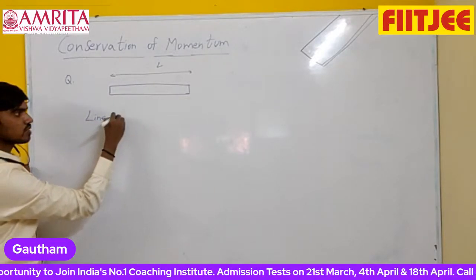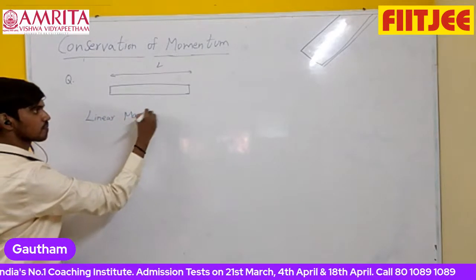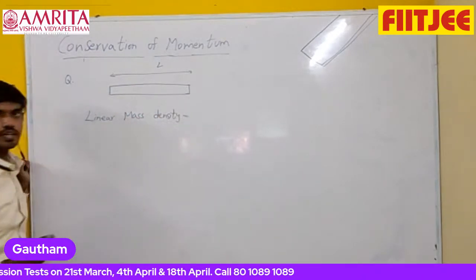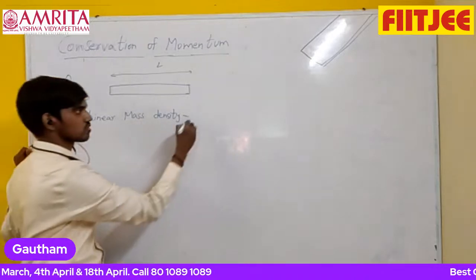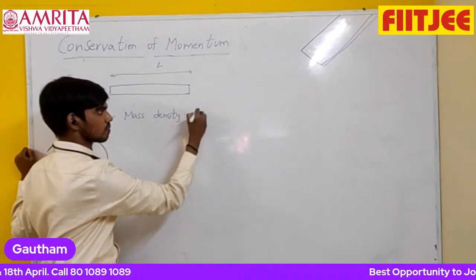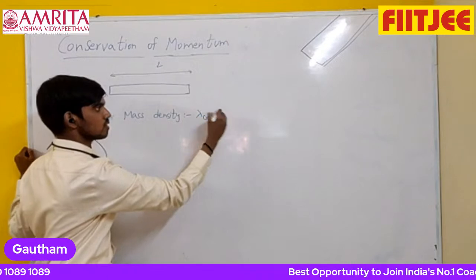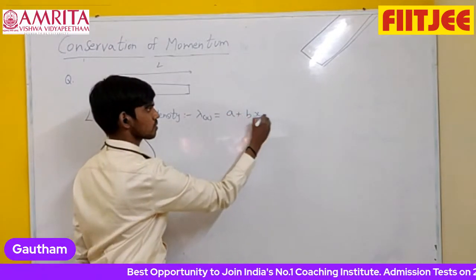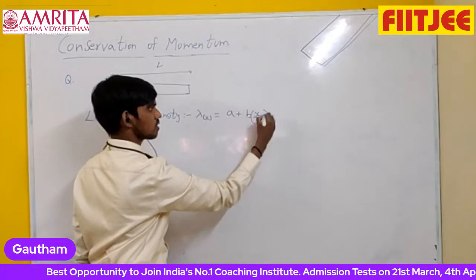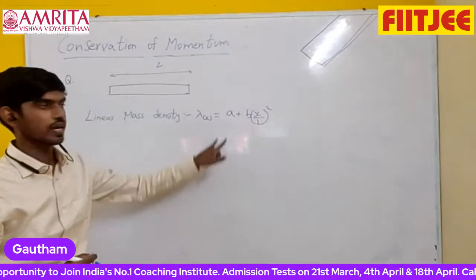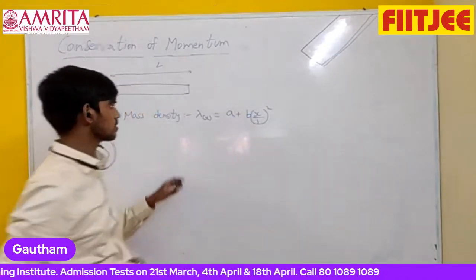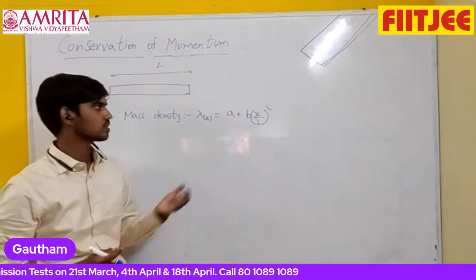The linear mass density is given as a function of x, equal to a plus b into x by L the whole square, where a and b are some constants. This is the linear mass density.